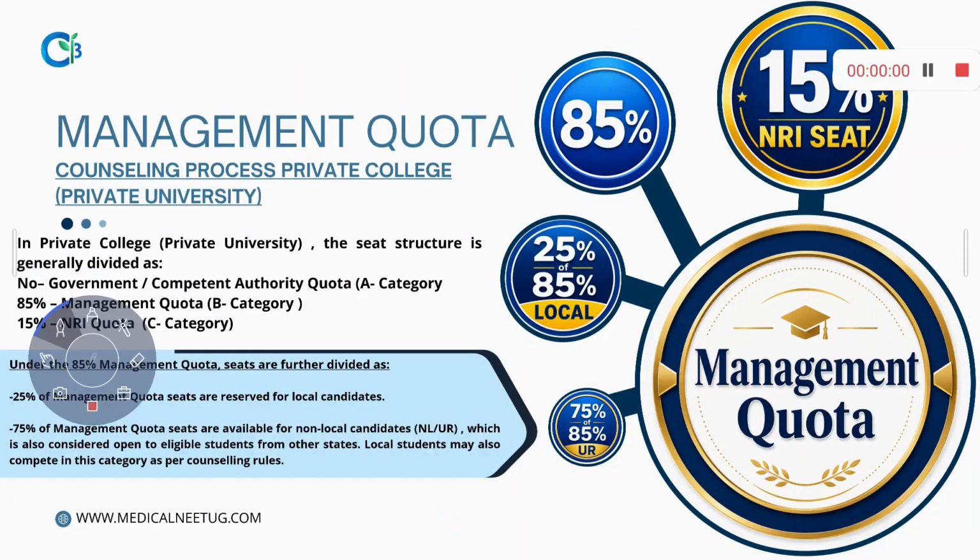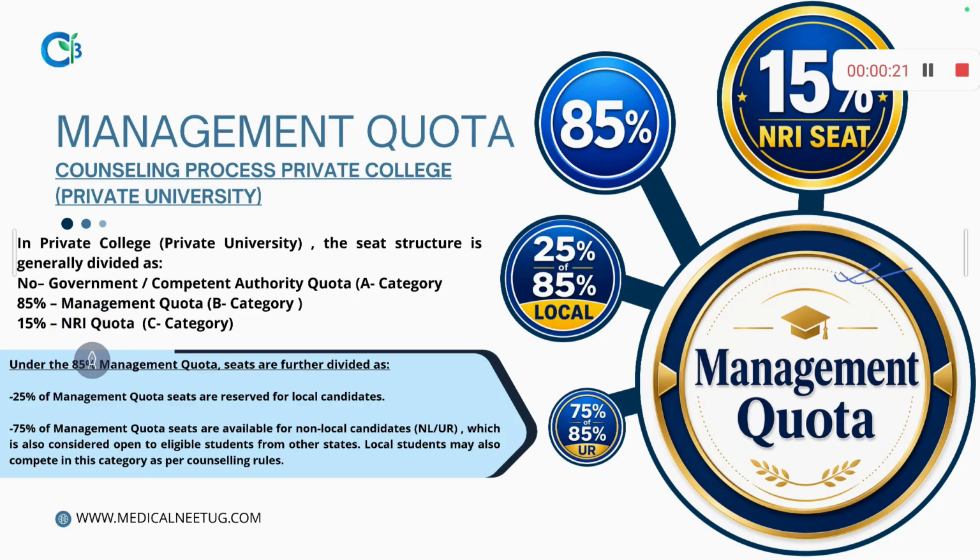Now in the case of the private university, remember, we have only one private university. The college name is Nilima Institute of Medical Sciences. In that college, there is no government seat, so 100% of the seats come to the management category.